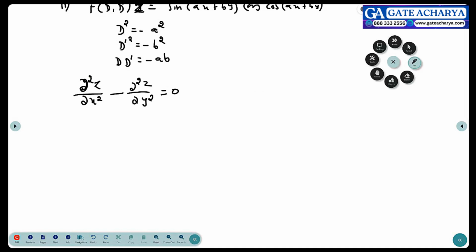It is no particular integral, but நம்ம particular integral இதுக்கான செக் பண்ணிக்கலாம். Can I write this? This is d square minus d dash square of z is equal to 0. அப்புறம் ஒரு assumption சொல்லி கொடுத்துருக்கேன். Put d is equal to m, d dash equal to 1.